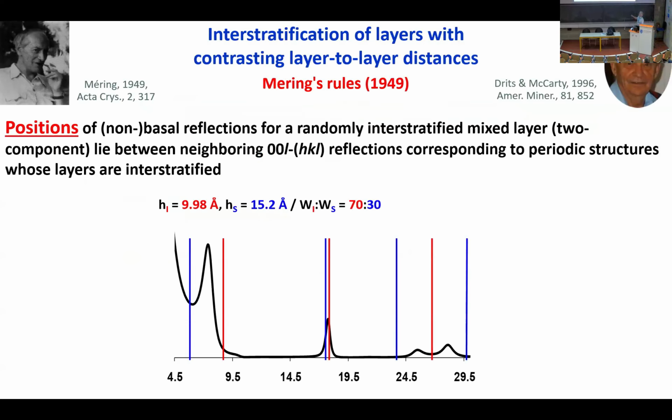In this case, I have 70% red, 30% blue, and peaks corresponding to this random interstratification are always located somewhere in between periodic blue and periodic red. And peaks are somewhere in between, and there is no way I can find a set of unit cell parameters to match all these positions.